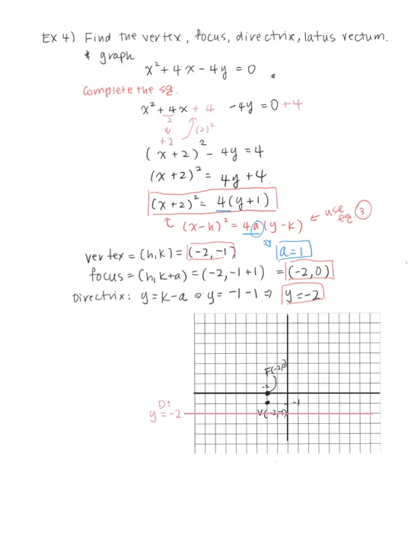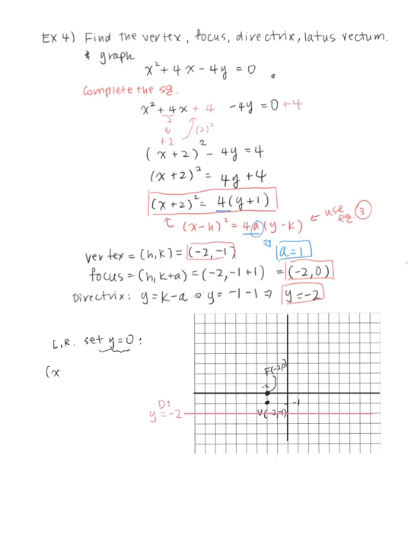Now let's find the latus rectums. If I draw a straight line through the focus parallel to our directrix, that line is y equals 0. So to find the latus rectums, set y equals 0 and plug that into this equation.